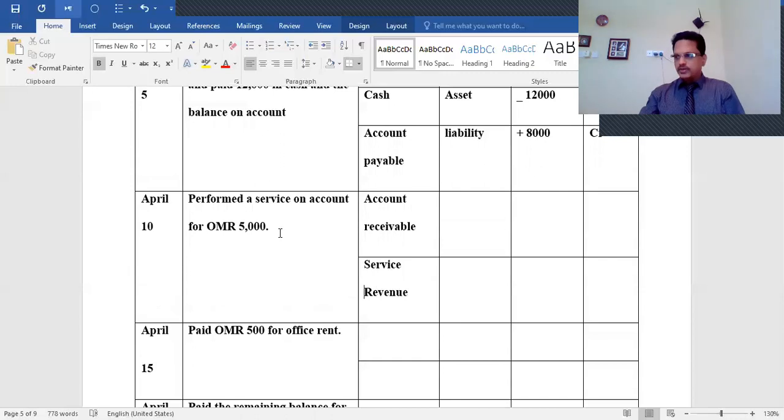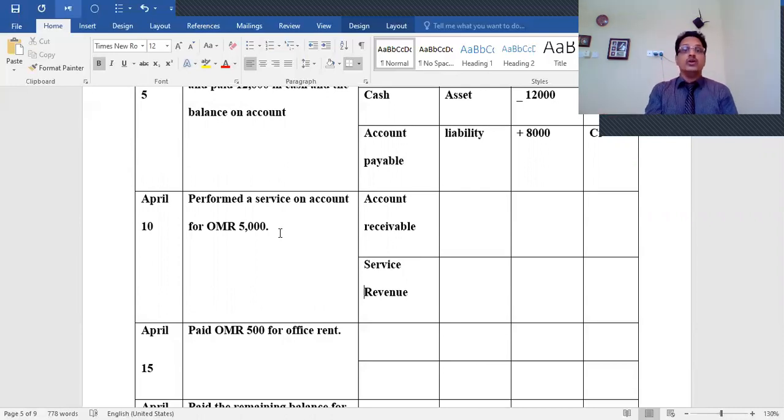Whenever you provide service, it is already accrual recognition. That means the accrual concept or income recognition concept. According to the accrual concept, income is recognized or accounted when service is provided or sale is made.